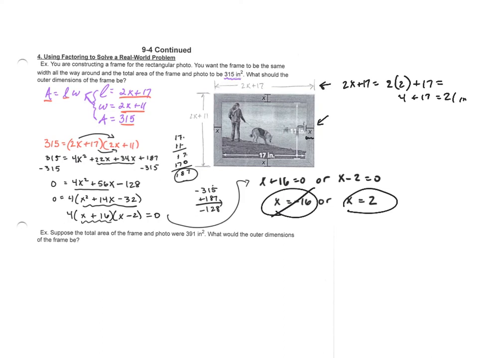And then the width, doing the same thing, I have 2 times 2 plus 11. Substituting in the value of x, that is going to be 4 plus 11, which is 15 inches. So it is going to be 15 by 21 inches for the overall outer dimension of my picture.